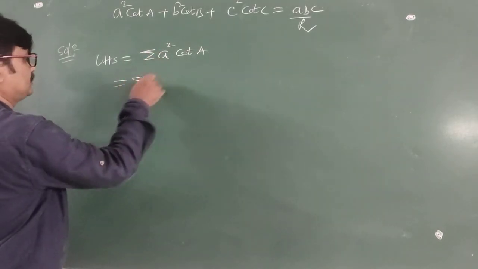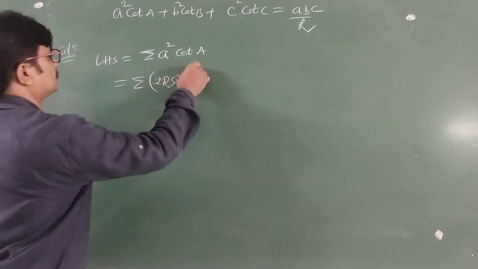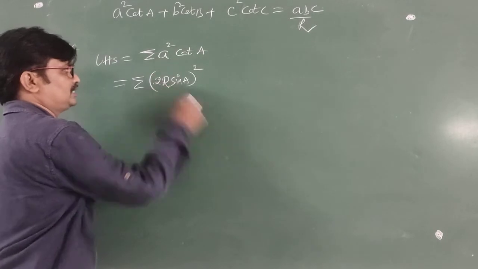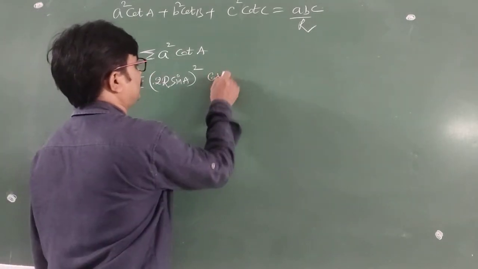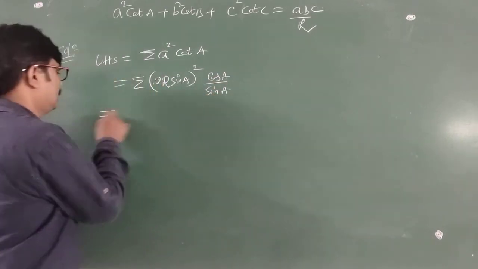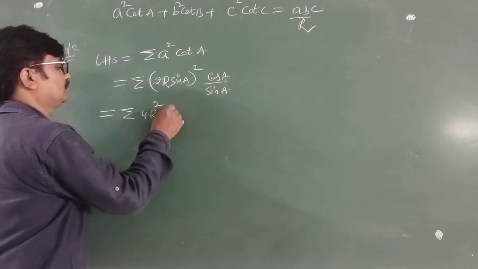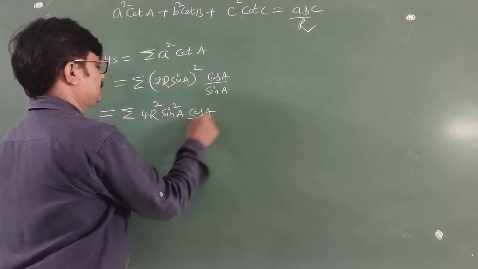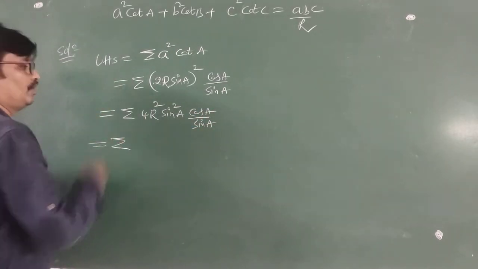From the sine rule, the small a is 2R sin A, whole square. The cot A is cos A by sin A. Now this is sigma 4R square sin square A into cos A by sin A. One sin A cancels.